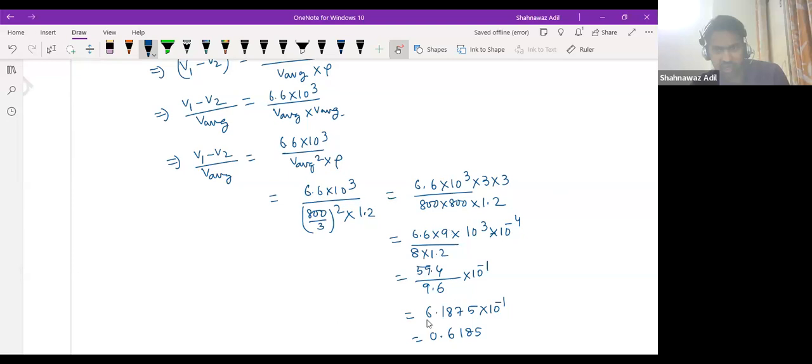There is a factor of 8, so this is divided by 8. So how much is 0.61 divided by 8? 0.077. So that is the answer that we get.